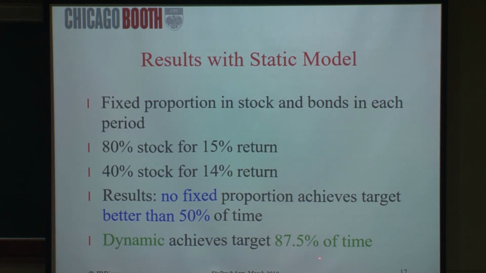So in the stochastic program, you achieve it 7/8 of the time, 87.5% of the time. So it's able to do something that these static models can never do. A stochastic program has characteristics that no deterministic program has. It also has characteristics that no static or single period problem can reproduce.